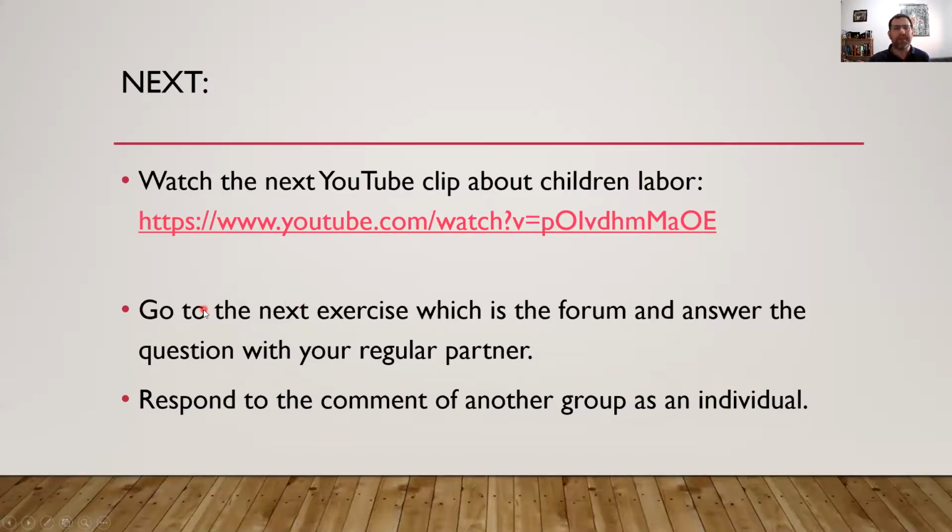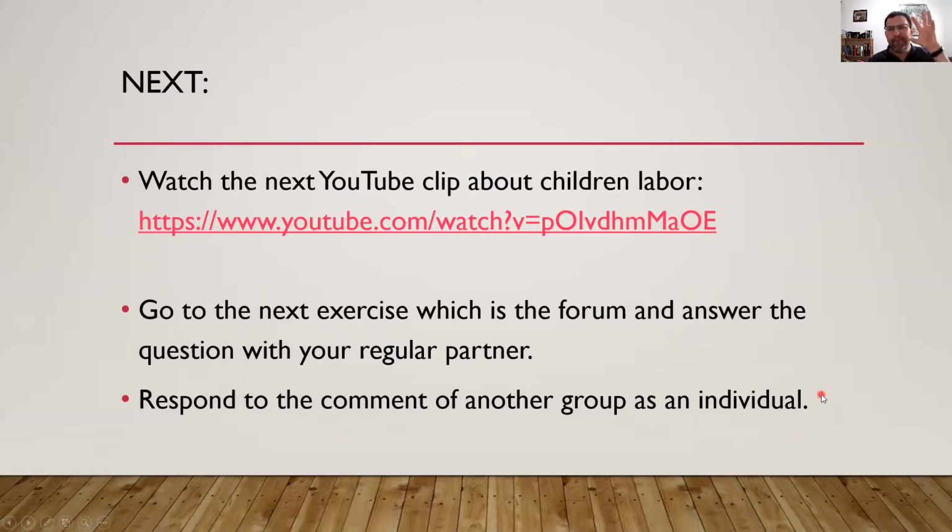And then you're going to go to the next exercise, which is the form, and answer the question with your regular partner. At the beginning of the year, we set up a regular partner. So you're going to work with your regular partner. And you're going to do a share screen, and you're going to put your names in, and you're going to answer the question in the form. Then you're going to respond to the comment of another group as an individual.